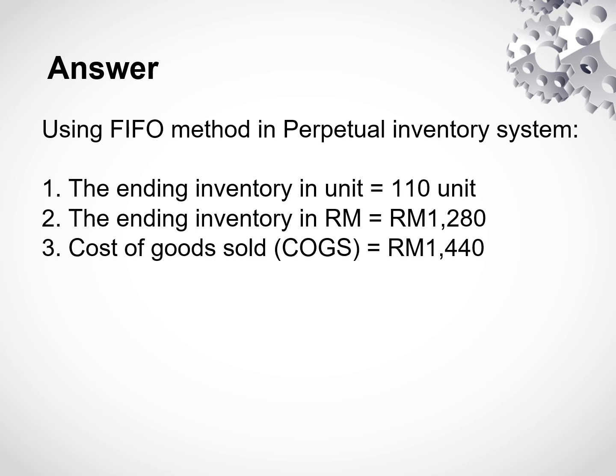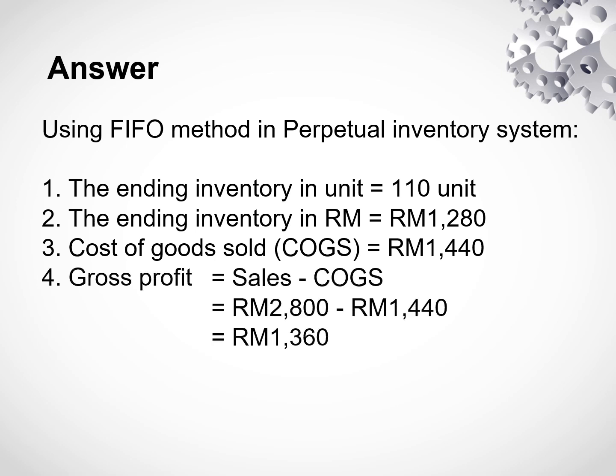All these answer we can get from the table just now. And number 4, gross profit equals to sales minus cost of goods sold. Sales is 2,800 from the question minus cost of goods sold from the question 3 equals to 1,360.